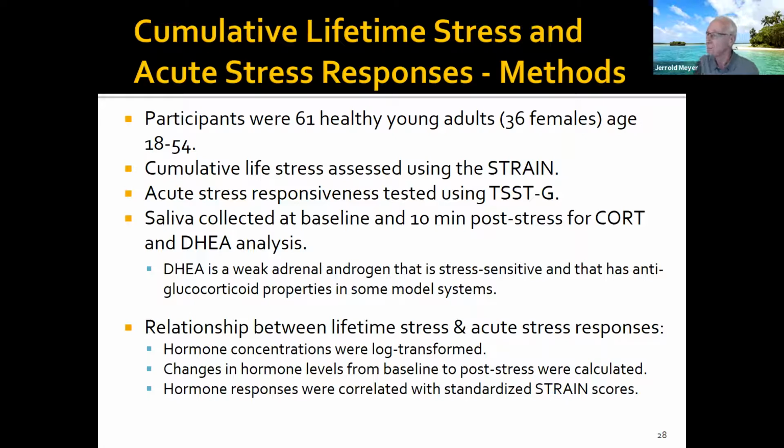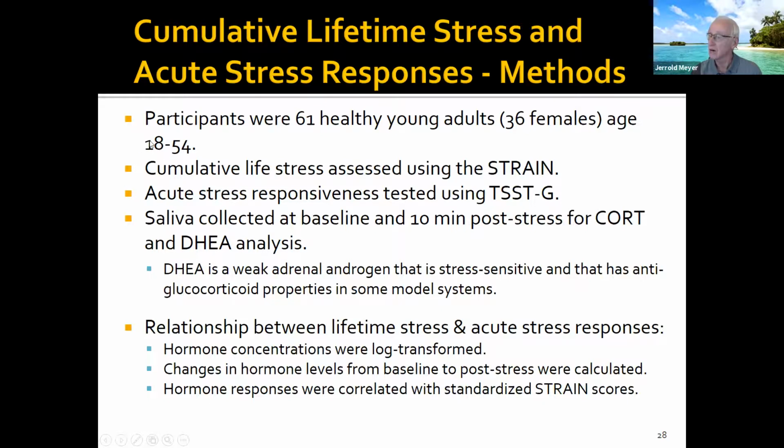This is a single study in which the researchers assessed cumulative life stress using strain. Remember strain, that was one of the measures we talked about this morning. It's a lifetime self-reported measure of lifetime stress.